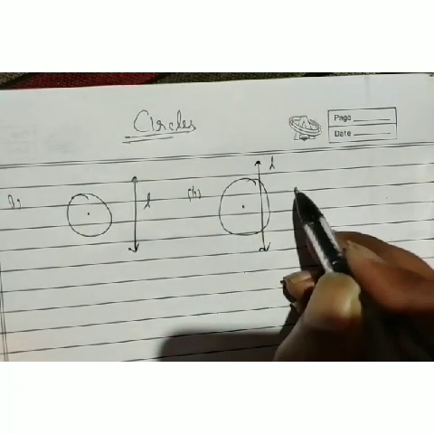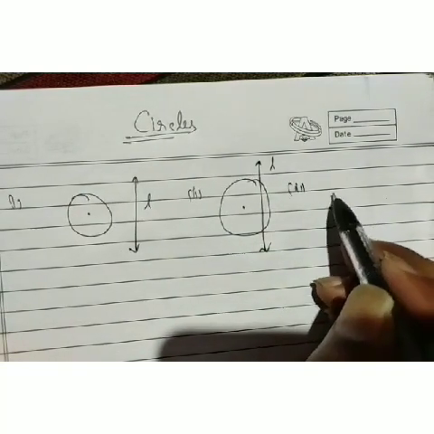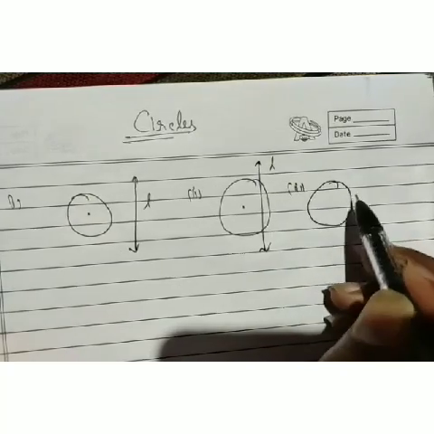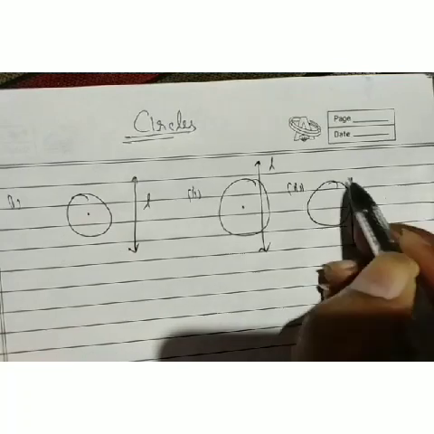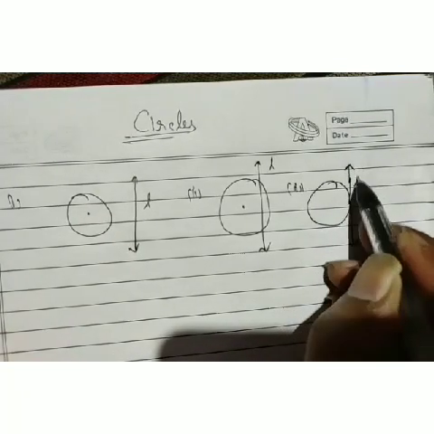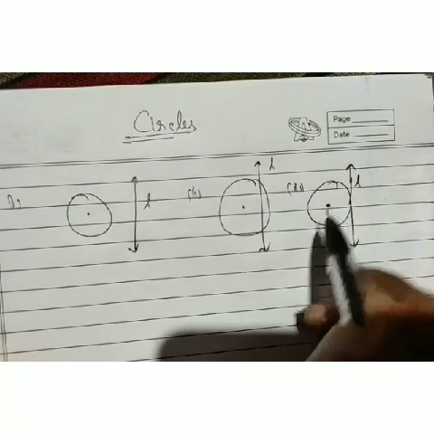And it's our third case. This is our line L and this is our circle.